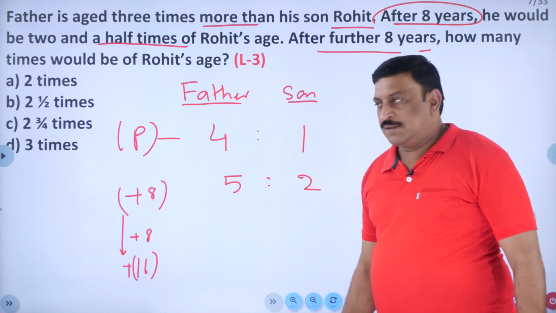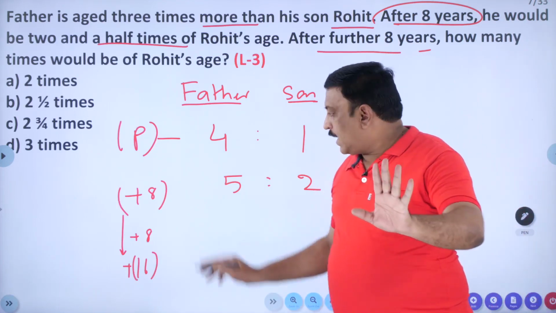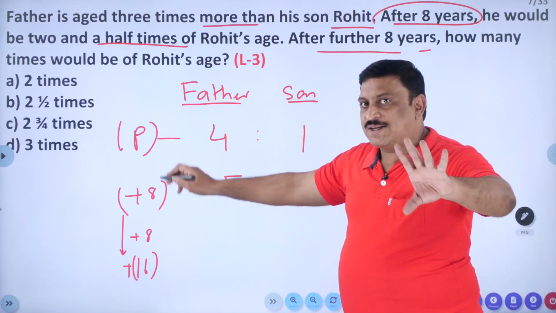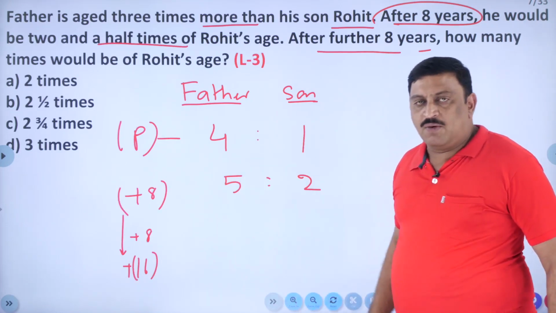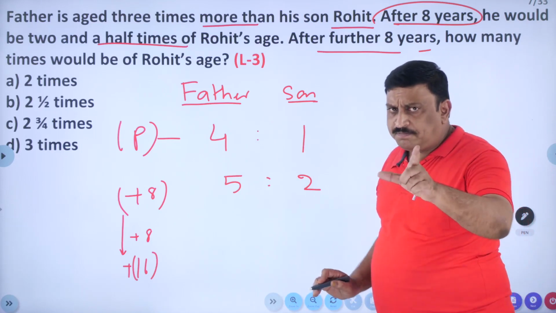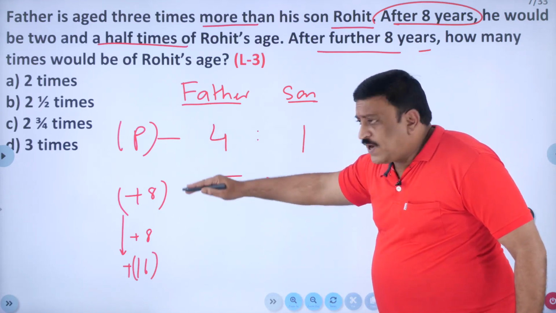From here, it is an extra 8 years. Okay, the case is now, the difference parts are the same. So we have to balance. What are the parts added? We have to add. Okay, right. Our motto now here is the ratio from present to after 8 years.